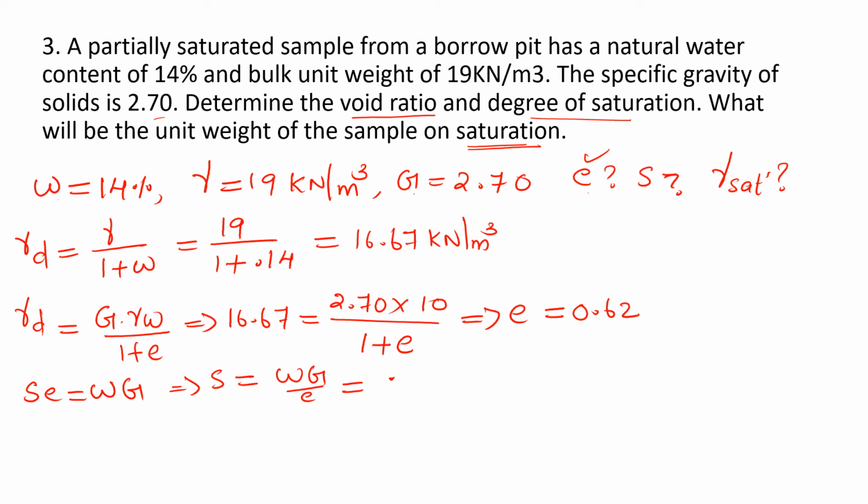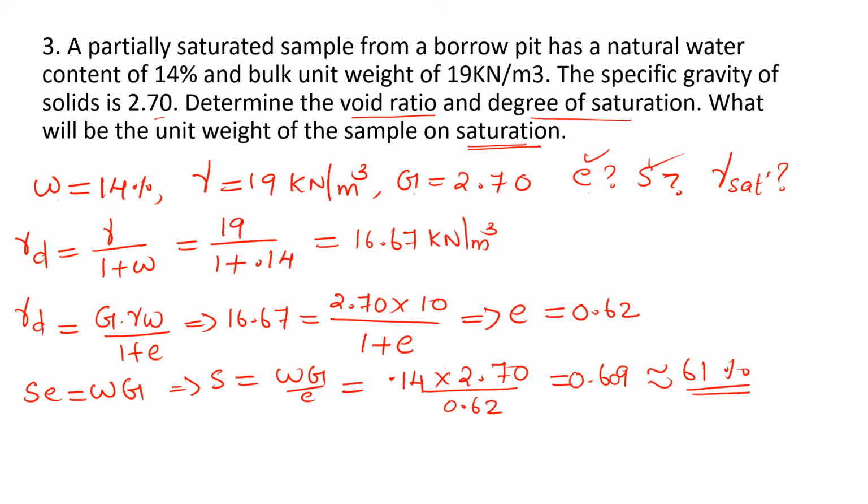So in the equation you have to substitute 0.14 into G, which is 2.70, divided by the e value we already calculated, 0.62. By substituting that, we will get S is equal to 0.609, or approximately equal to 61%. So S is also calculated.